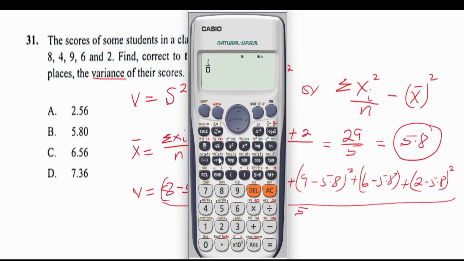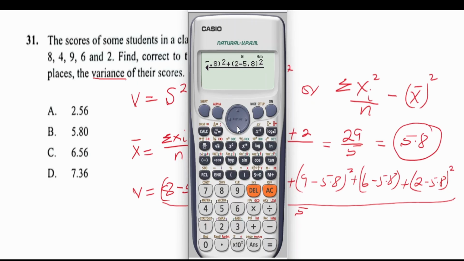I have 8 minus 5.8, I close the parentheses and square it, then plus 4 minus 5.8, this squared, plus 9, and in the parentheses first so that I don't forget, minus 5.8 all squared, plus 6 minus 5.8 all squared, plus 2 minus 5.8 all squared.